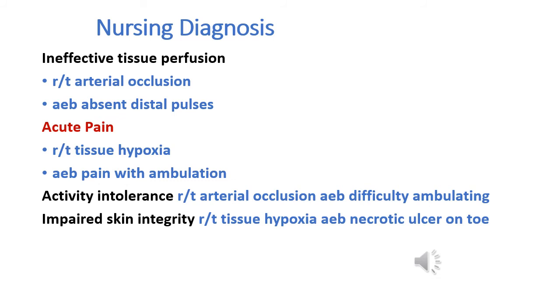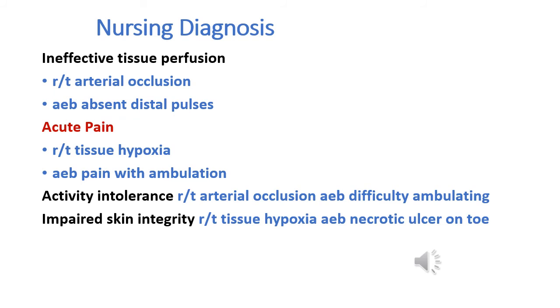So we have ineffective tissue perfusion, and in the case of the lower extremities, we would say ineffective peripheral tissue perfusion, related to occlusion. It could also be a narrowing. It might not be a complete occlusion, but as an occlusion, I said the evidence might be absent distal pulses. So just to clarify, a narrowing might be a weakened distal pulse.